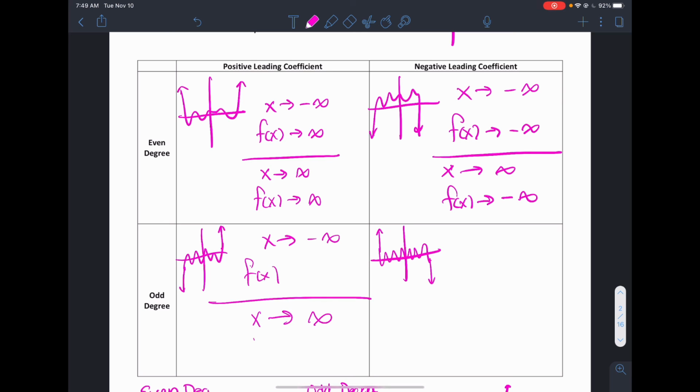On this one, the further left I go, the graph goes down, negative infinity. The further right I go, the graph goes up, positive infinity.